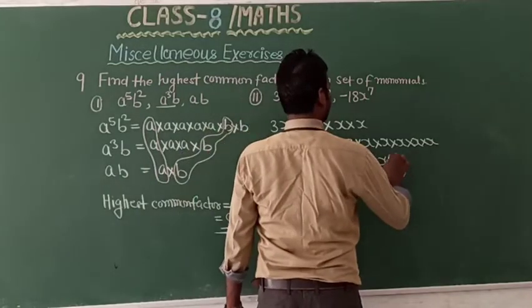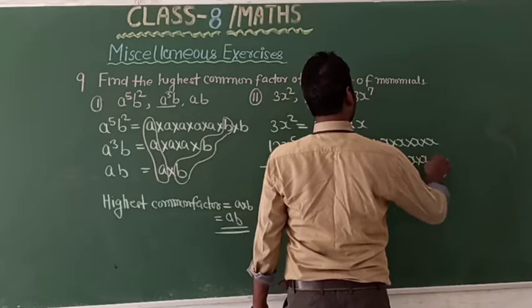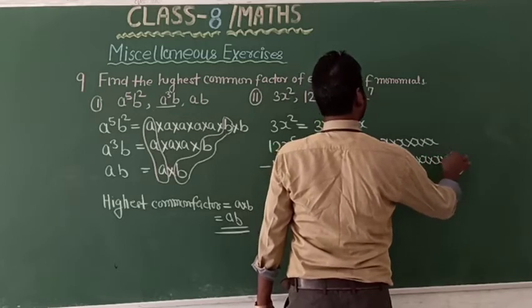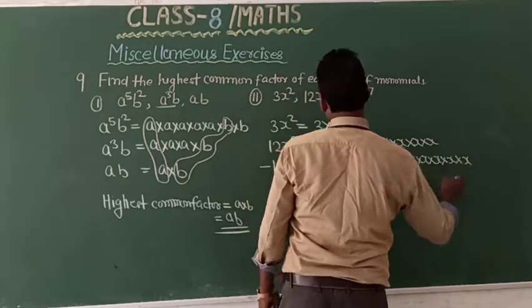So this is x into x into x into x into x into x into x, 1, 2, 3, 4, 5, 6, 7.